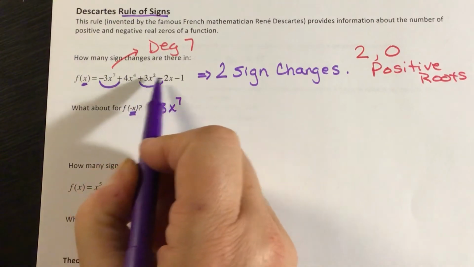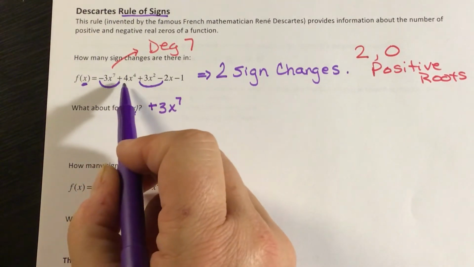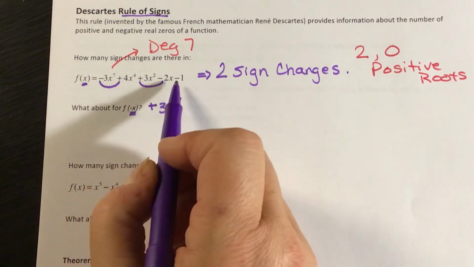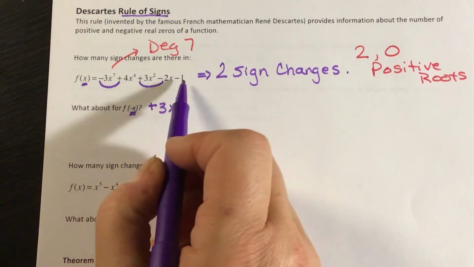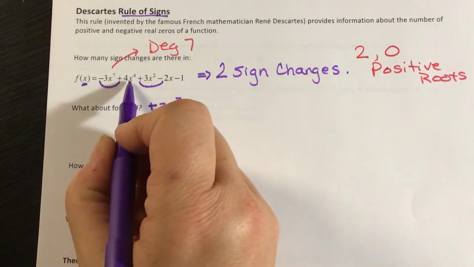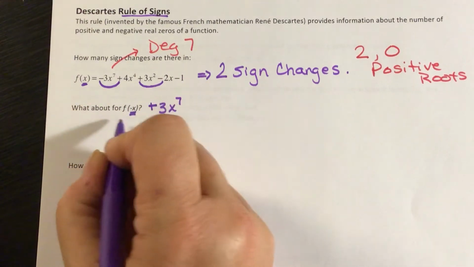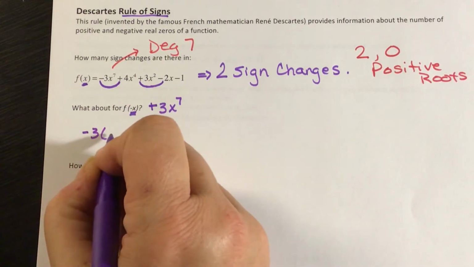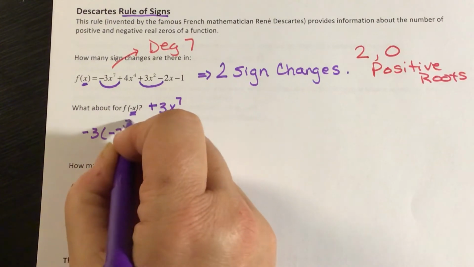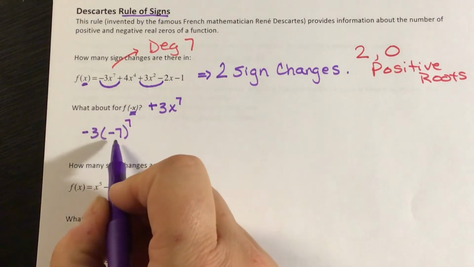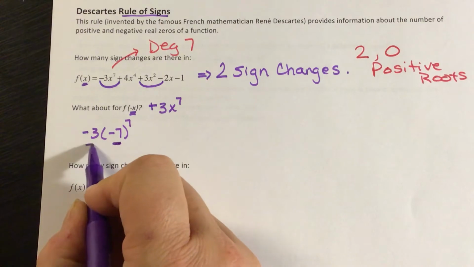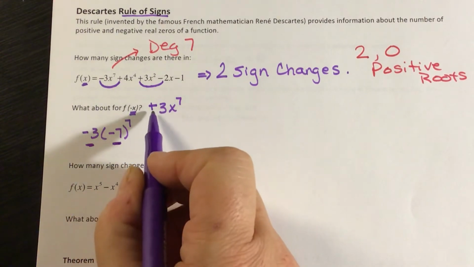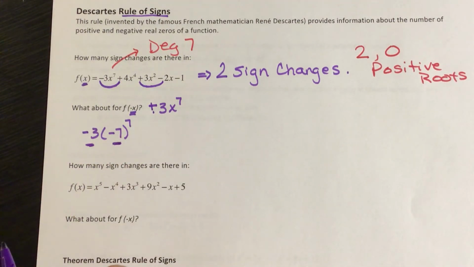Now I'm going to go through and do this with every term. I'm going to plug negative x in for x. So maybe I'll do this down here. So I had -3 and then negative x to the 7th power. So this is negative times a negative, so this term now is positive.